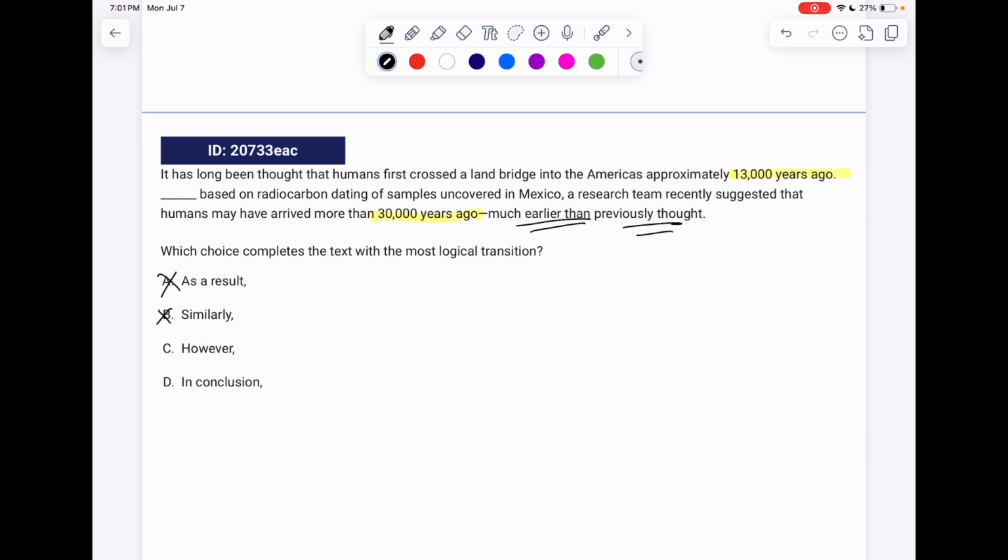And D would be incorrect because in conclusion shows that the theory in the sentence concludes or summarizes the discussion of the previous theory, but it contrasts it, not summarizes it. So that one's going to be incorrect. So I think we've found it. Let's pause here with these examples, and you can always continue on your own with this drill and look at the explanations from the College Board.